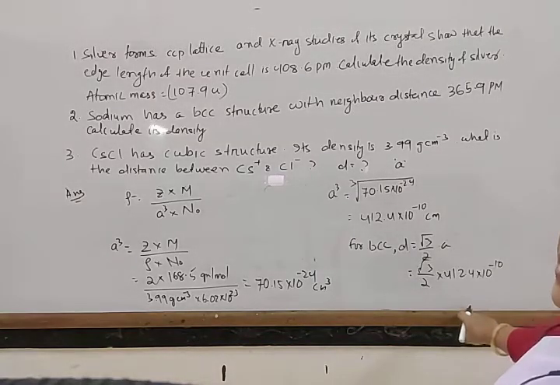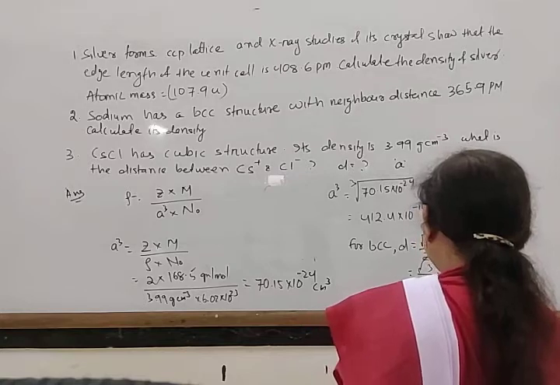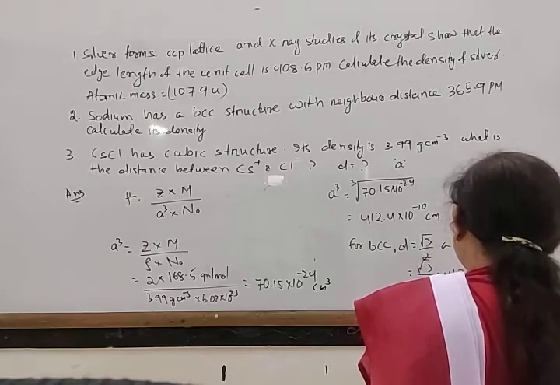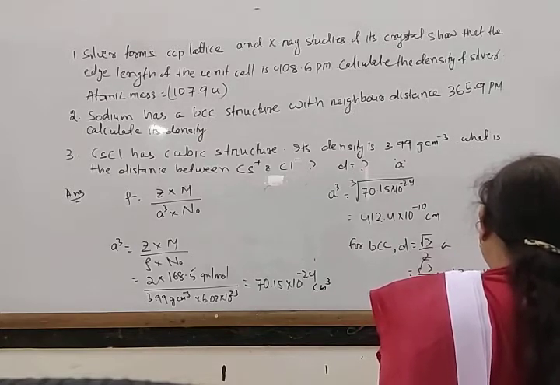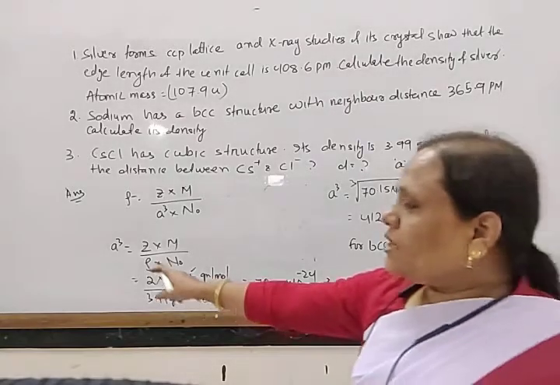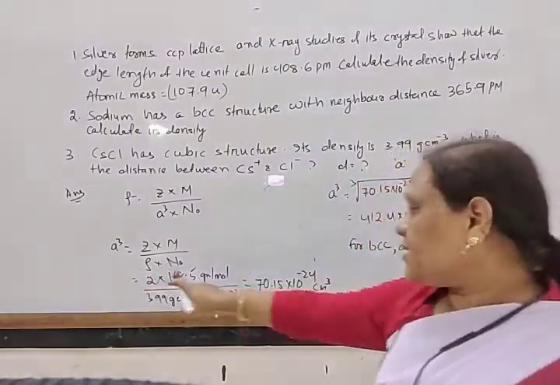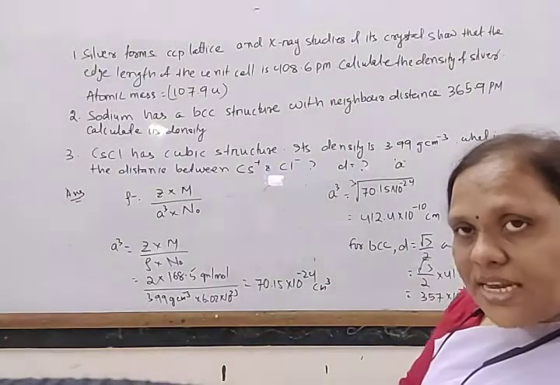You calculate this and you will find it is equal to 357 into 10 to the power minus 10 centimeter, that is 357 picometer. Okay, so in this way you can calculate it. After finding out the edge length, we can find out the nearest neighbor distance.